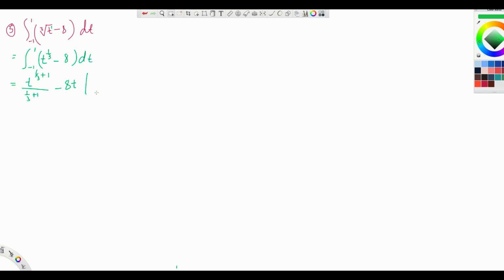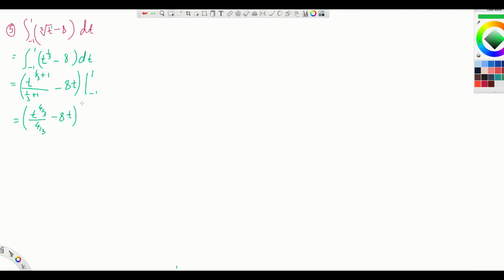So what are the limits of integration? -1 through 1. Okay. All right. So what you get there is basically you just simplify that once. Okay. So when you simplify, what do you get? How much is 1/3 plus 1? You will get t to the 4/3 over 4/3, right, minus 8t.